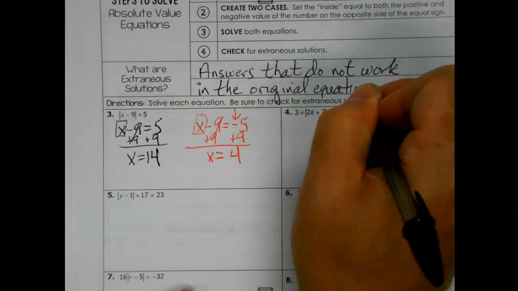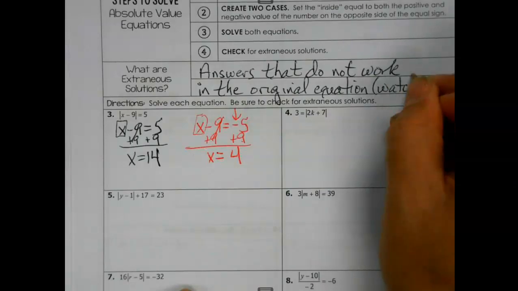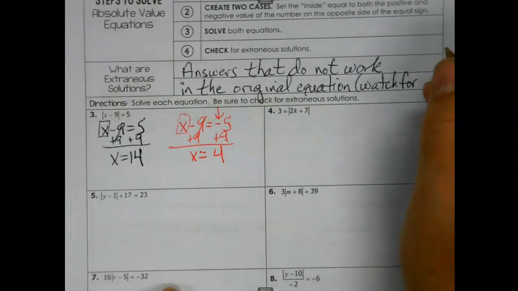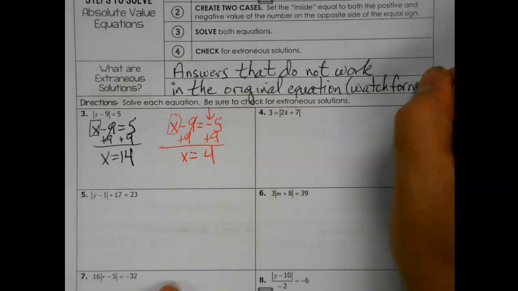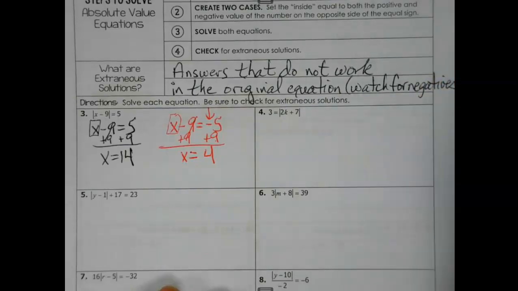And we're going to add one extra little note here. Am I going to squeeze it in here with my big old writing? Okay. Extraneous is a mathematician's way of saying a wrong answer.